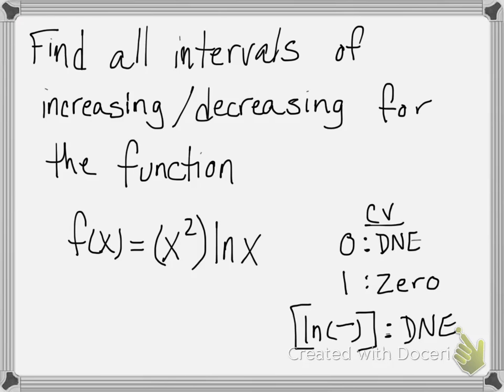Alright, so now we just need to actually go through and take the derivative of that function. So our f of x is equal to x squared ln x. We're going to be using the product rule on that, since we have a multiplication in there.